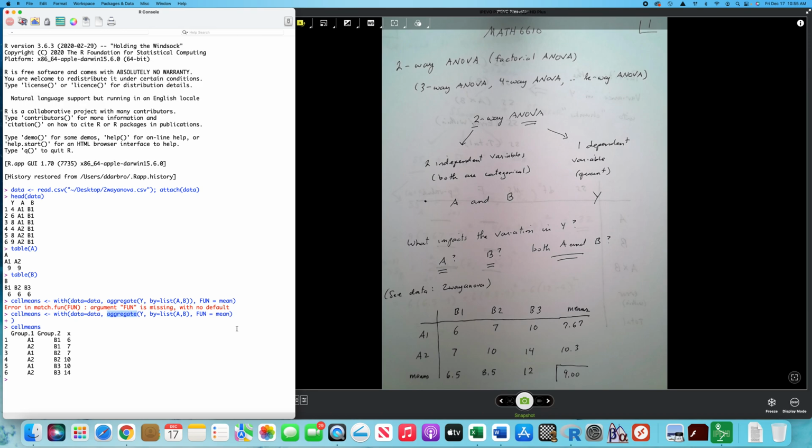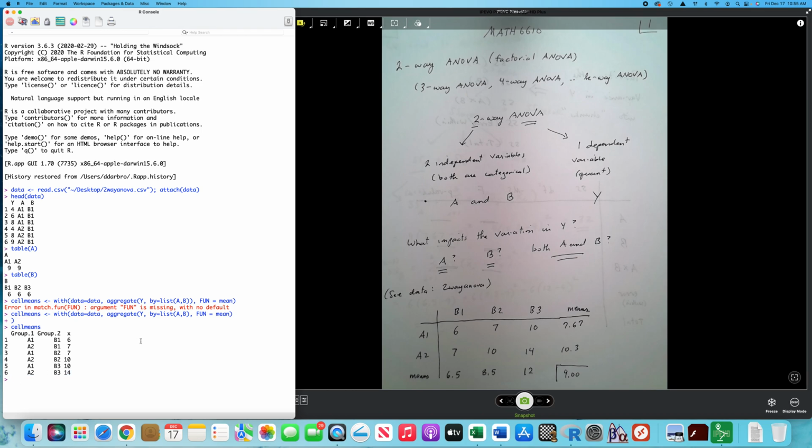Then I use the aggregate function. Y is the dependent variable. Then I use the by list A, B, so I can get the submeans, if you will. And then FUN just stands for function, mean. So you can see that A1, B1 is 6, therefore we have a 6 there. A2, B3 is 14, so 14 there.